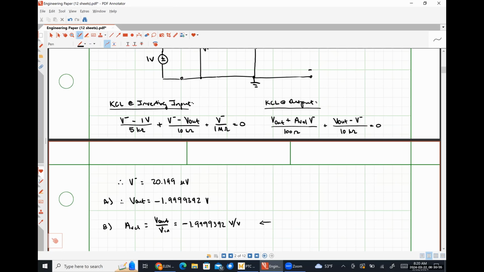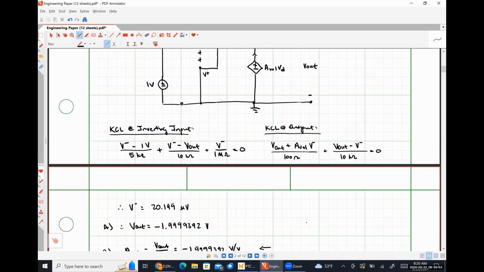Depending on the ratio of the resistors we use, we can say I want my voltage gain to be X, and the resistive network provides that. Right now we have a voltage gain of extraordinarily close to -2.